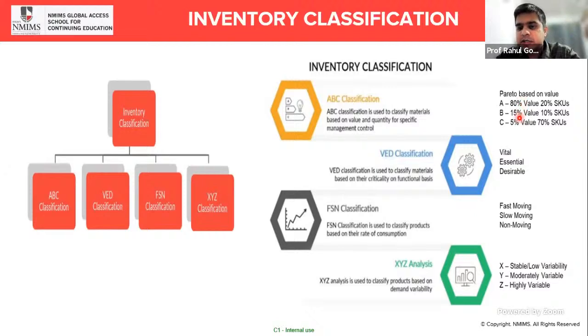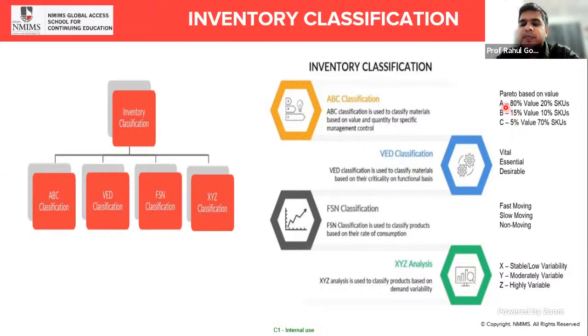And these percentages are not fixed percentages. I told you last time that organizations can use very different thresholds also. They may say that whatever SKU contributes to the top 70% will be my A class, from 70 to 90 could be my B class, and my last 10% contribution will be C class. So it's not a fixed threshold; it has to be seen from the respective context.